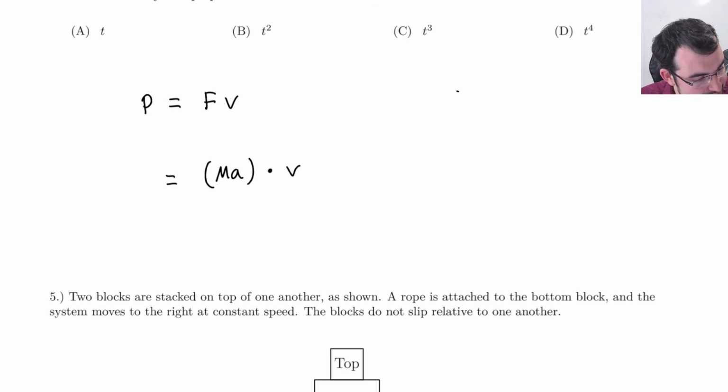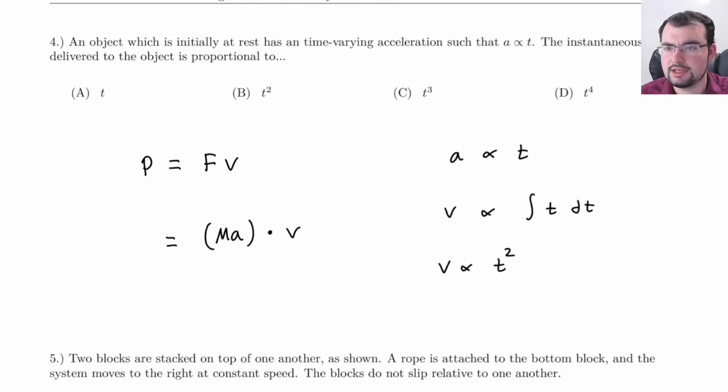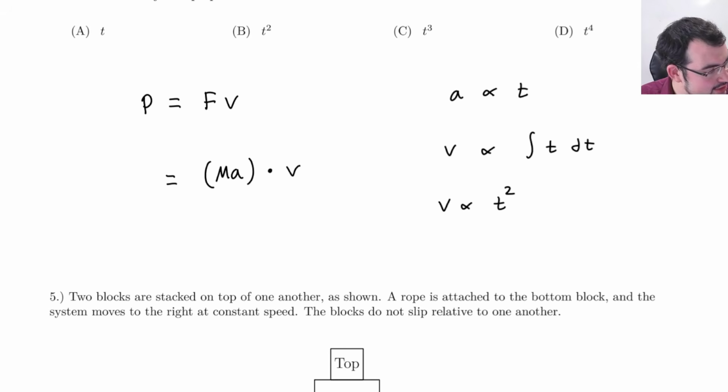So we see that a is proportional to t. So that means v is going to be proportional to the antiderivative of t. So this means v is proportional to t squared. Because if the derivative of velocity is acceleration, the derivative of what kind of function gets me a linear? Well, that must be a quadratic.